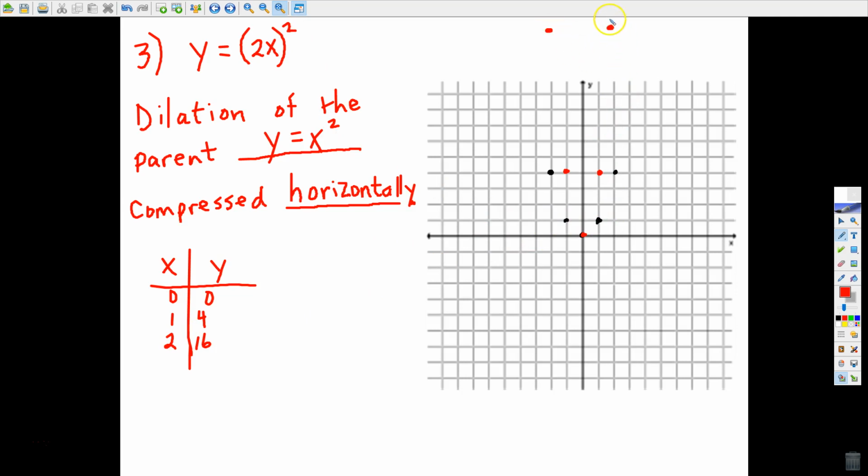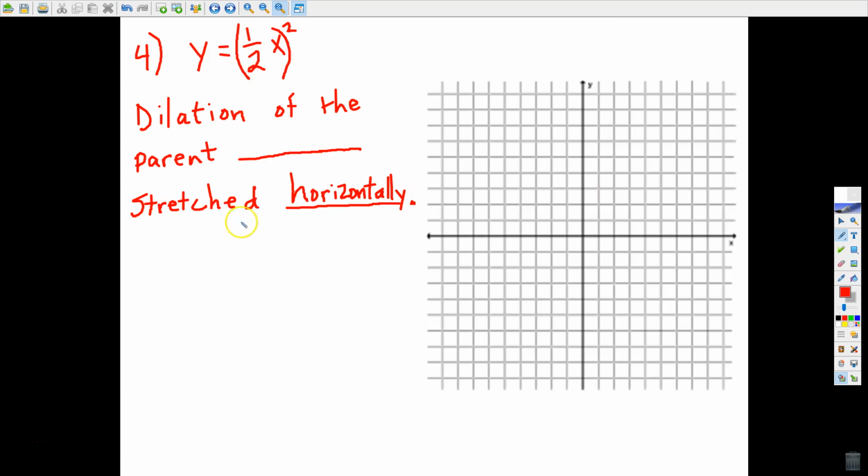So this is going to be a very skinny version. Try to freehand this best I can, but that's not real good. This is going to be a skinny version of the parent. And this is what horizontal compression does. It pushes in. It's like pushing in on the sides of the parent function, creating a skinnier version of the parent.